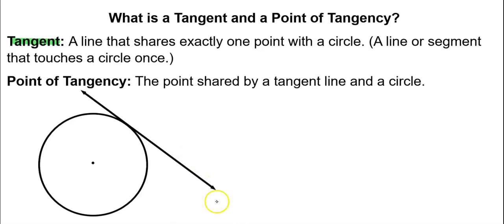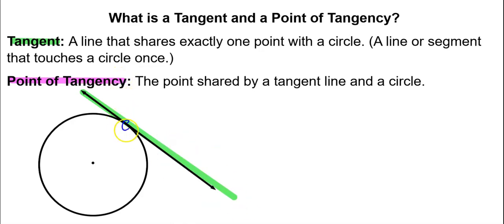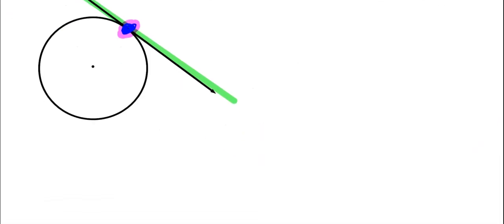That line is tangent to my circle. It touches the circle once. Where it touches the circle is called a point of tangency. So my point of tangency is the one point where my tangent line touches the circle.